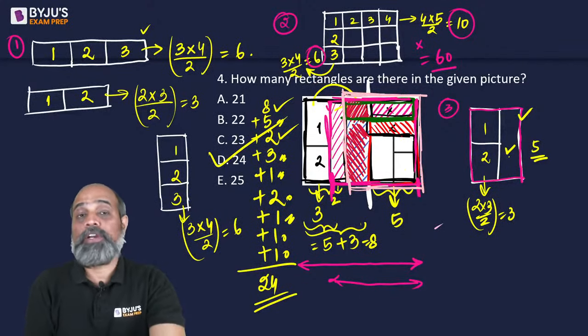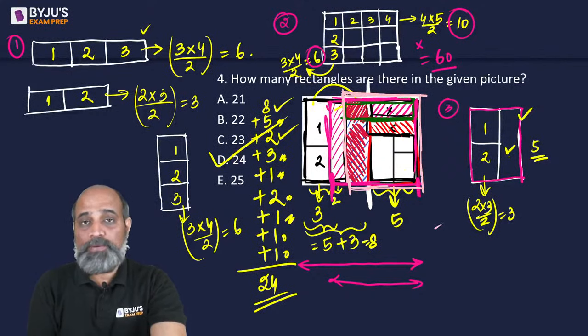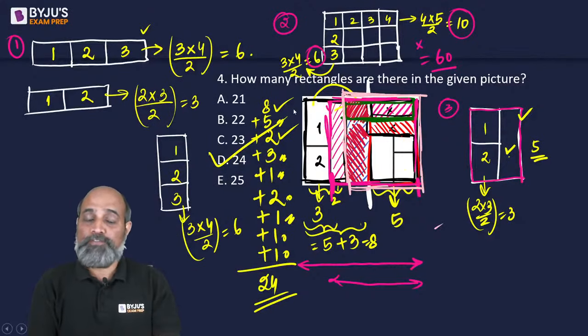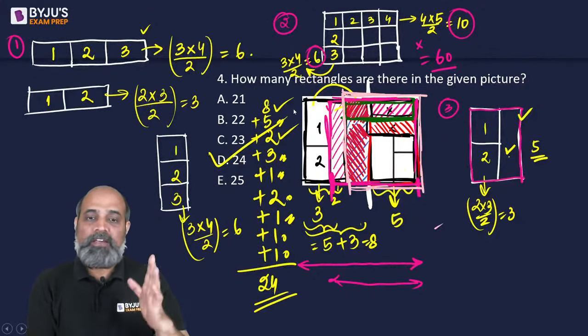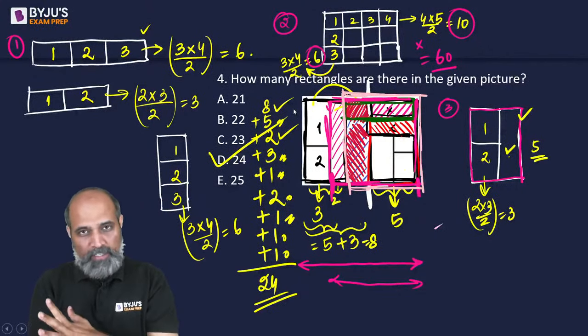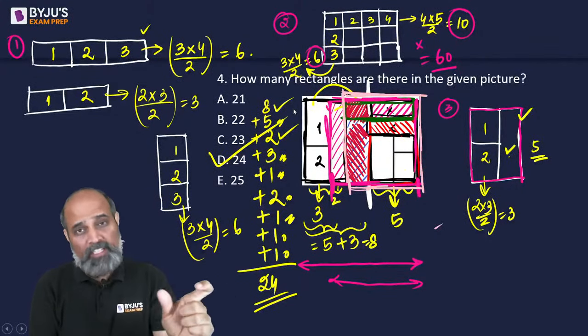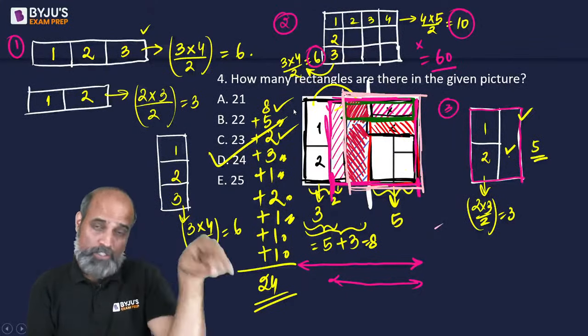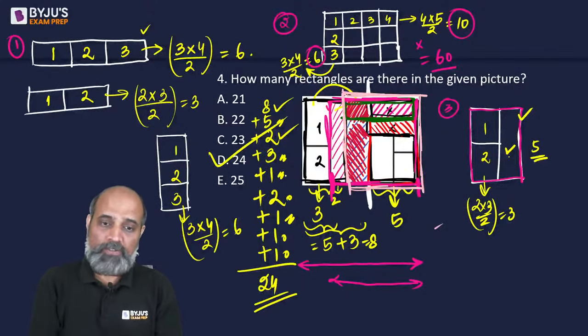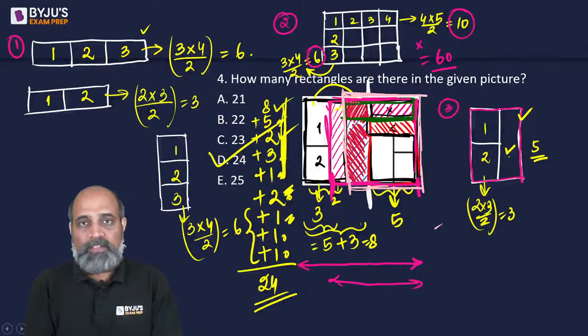So there are 24 rectangles. नहीं 21 नहीं है गार्गी, 24 है. पहले vertical वाले सारे count करें, then the horizontal ones, and then the largest one, and then the smallest one. So ये वाले आपके smallest and largest वाले हैं. These were the horizontal ones. These were all the vertical ones. So there are 24 rectangles.